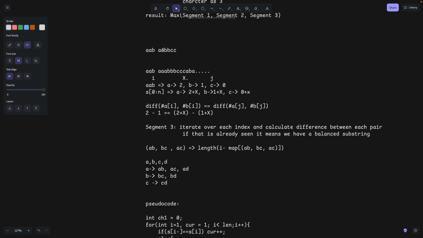So we again encounter A, we reset it again, then we encounter B. Since we are checking for B and C, we'll increment the counter for B, again we'll increment for B, and then we decrement for C, and we decrement it for C. So again we find one substring as B and C. So this will be 4 characters, and in this case it is going to be 6 characters.